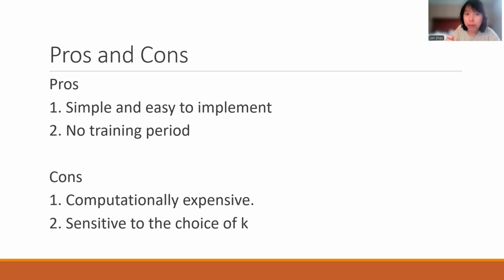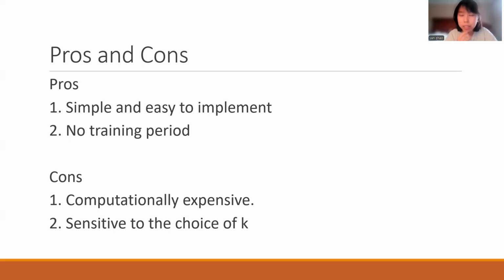So it could be very expensive, in time and memory. For a real world project, you need to consider this cost and decide if it's a good choice or not. And the last one is the choice of K.